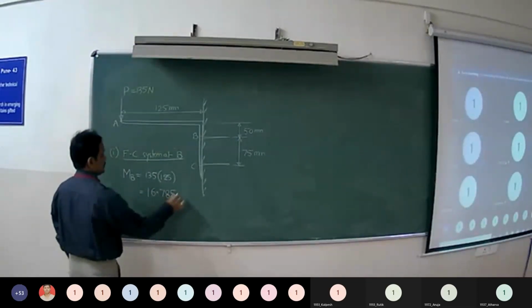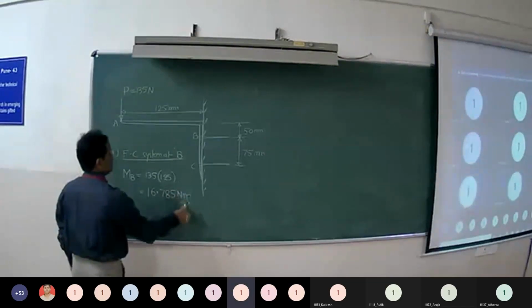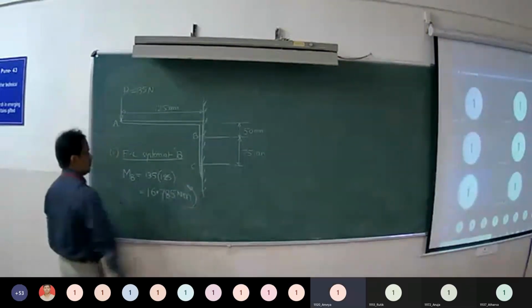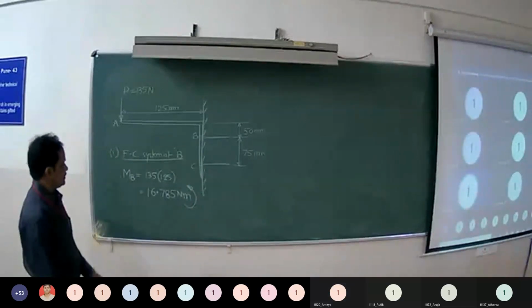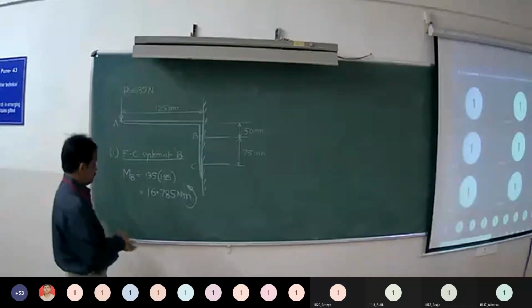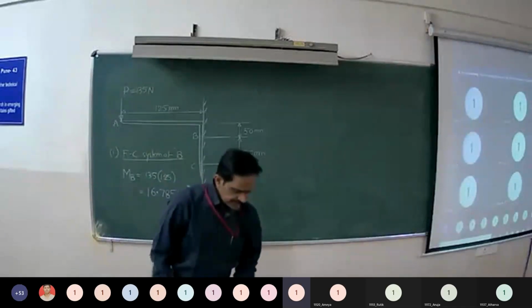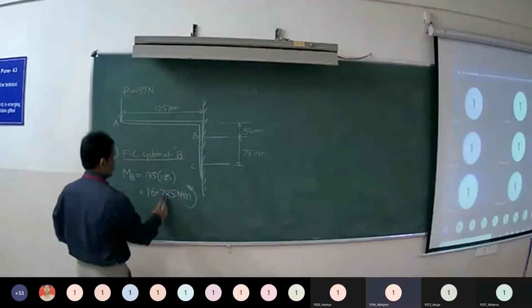What are the units? Newton meter, anti-clockwise. Right? You have written 785. 875, sir. 16.875, sorry.